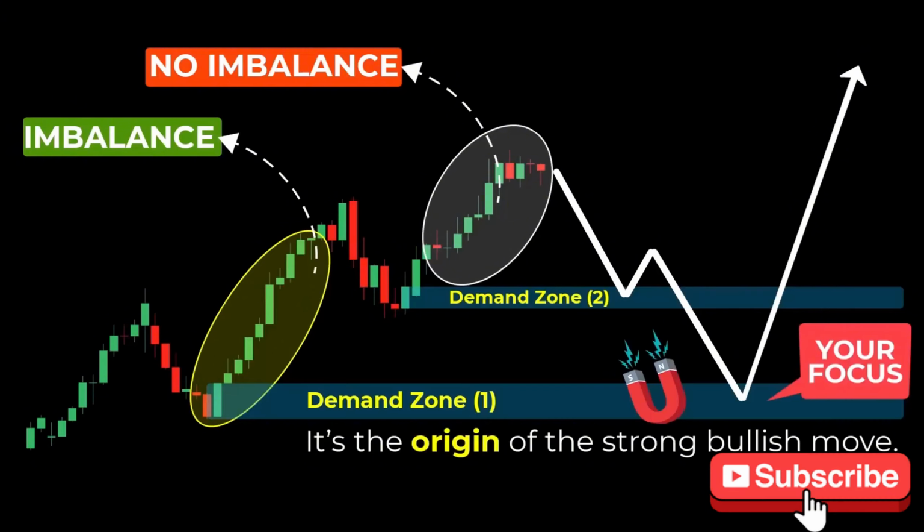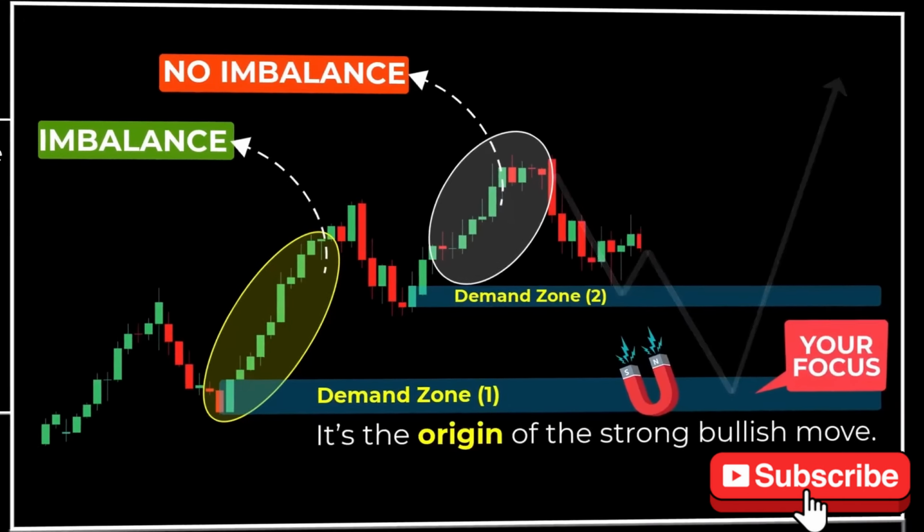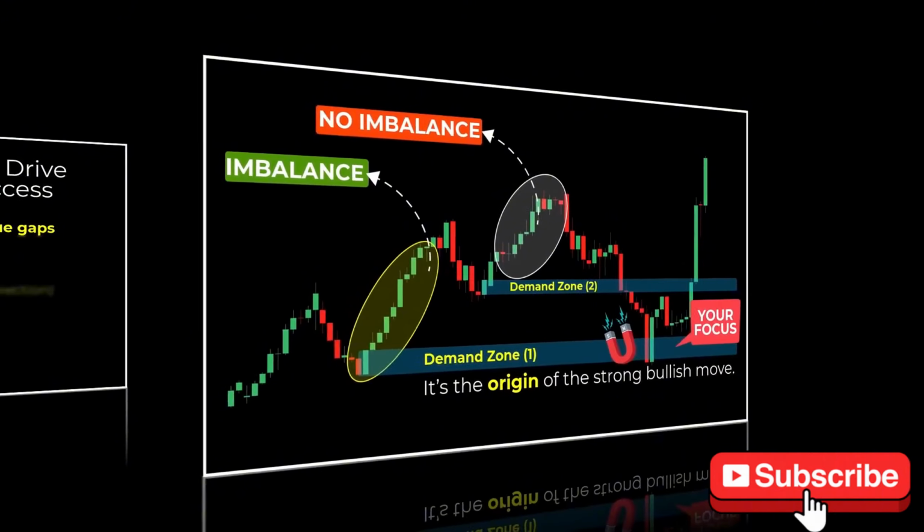It's usually one of the first things we look for when analysing price action. But remember, it's not a standalone signal. Just like any other concept, it works best when combined with other confluences, like market structure, liquidity, or timing. Use it wisely, and it can seriously level up the quality of your trades.